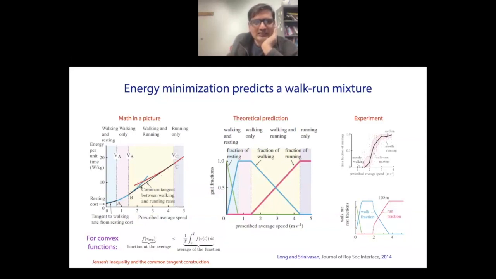The prediction from this simple model is provided here. This pink curve is the time fraction of running with this simple model description, which assumes that the transition between walking and running requires no additional cost. That gives this pink curve.